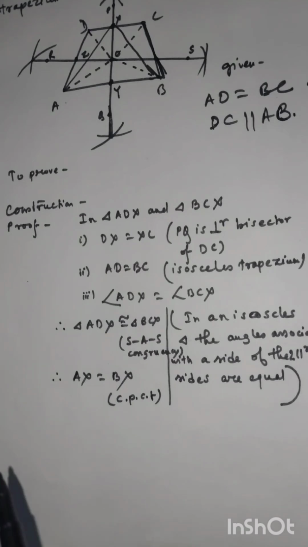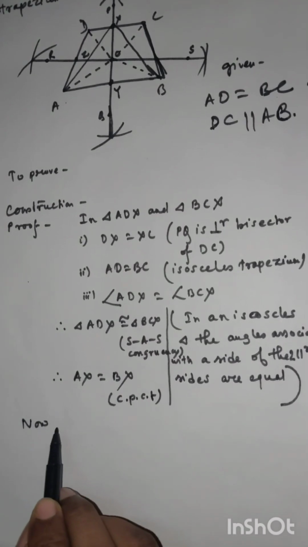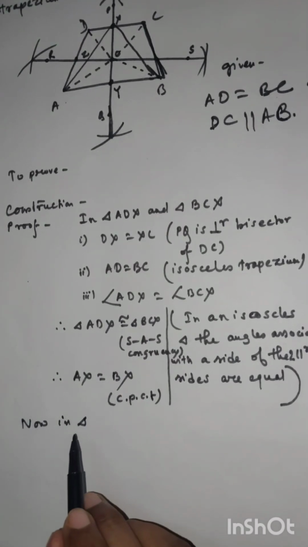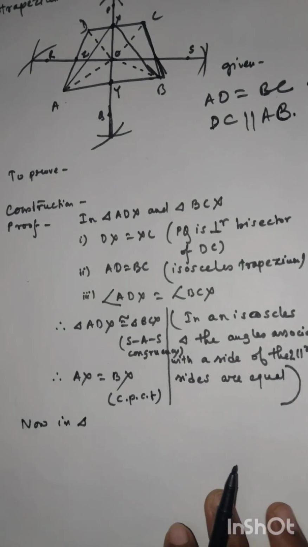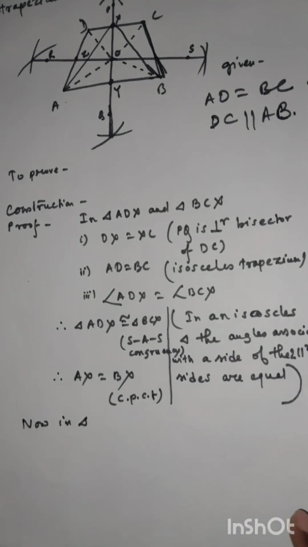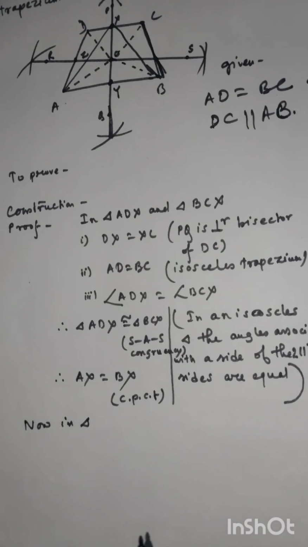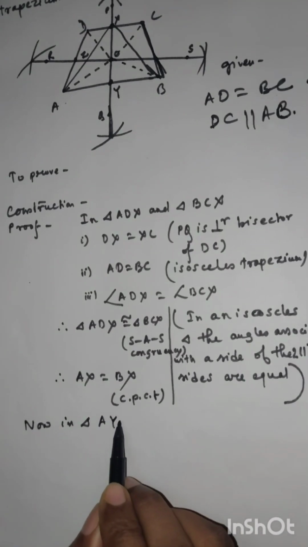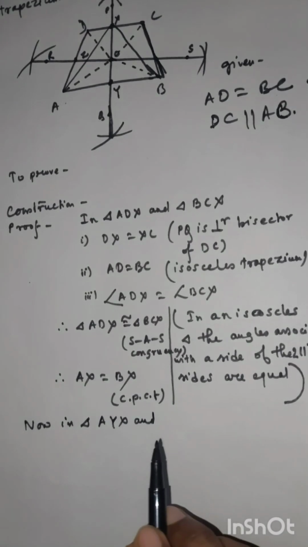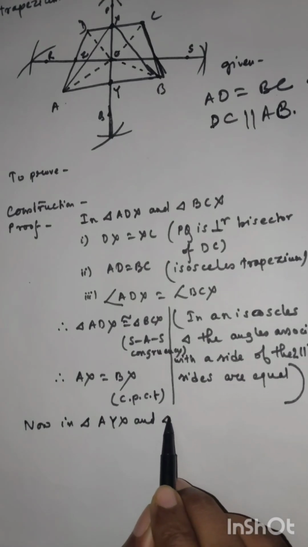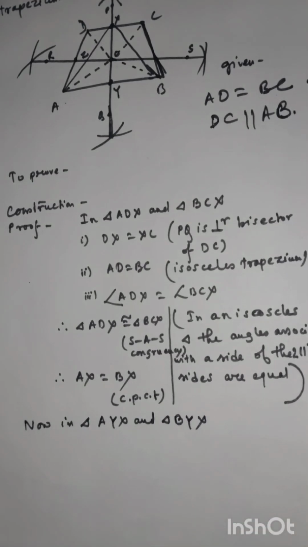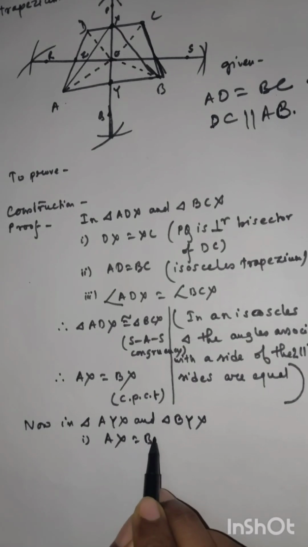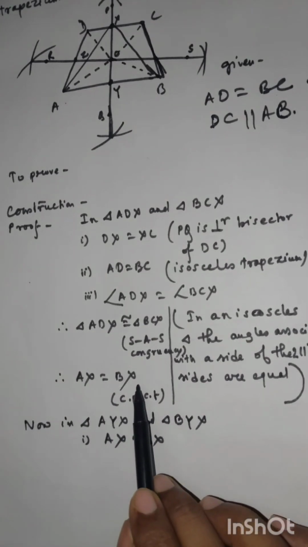Now in triangle AYX and triangle BYX, number 1, AX equal to BX, which we have proved just now.